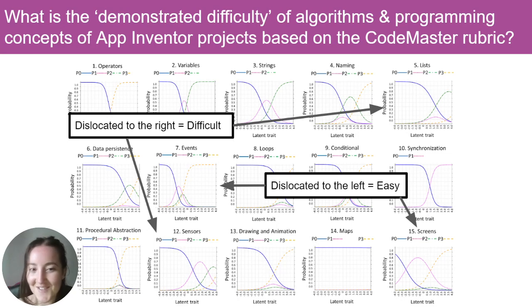It makes sense, right? Thus, items that have high B parameters, which indicate high demonstrated difficulty, such as item 5, lists, and 12, sensors, present the curves dislocated to the right. Following this idea, items with low demonstrated difficulty, such as item 7, events, and 15, screens, present curves dislocated to the left.